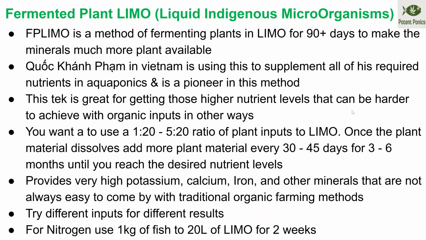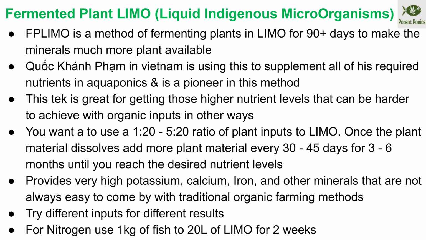So, fermented plant liquid indigenous microorganisms. This is the process of taking that liquid IMO and then adding new plant material to it every 2 to 3 weeks. And you can even wait longer than that, but basically once it starts to break down into a liquid, you add more.